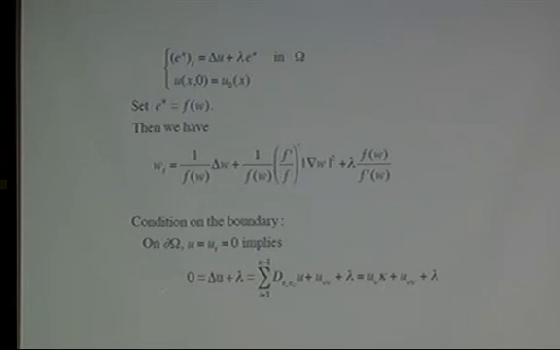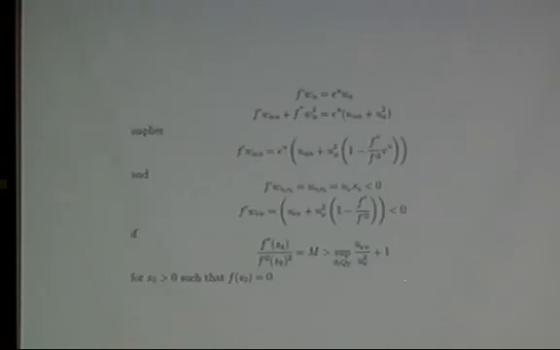And e to the u_t is 0. And you have e to the u, but u is 0, so you have 1. You have lambda. And then you have tangential second differentials and the normal second differentials. And then you have this balance. And then this balance gave me this.